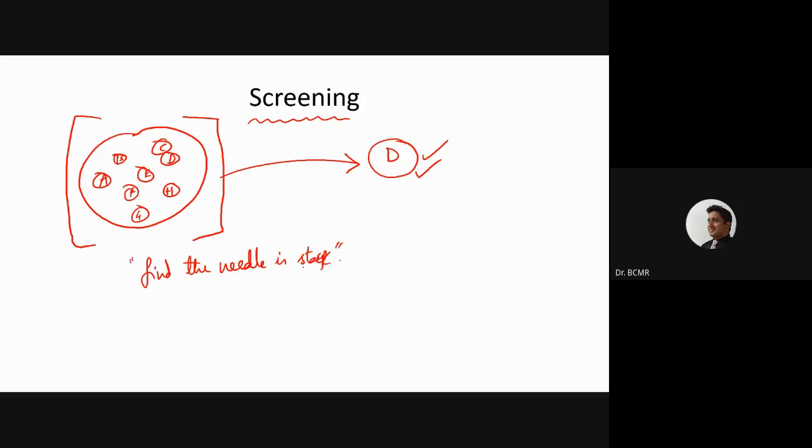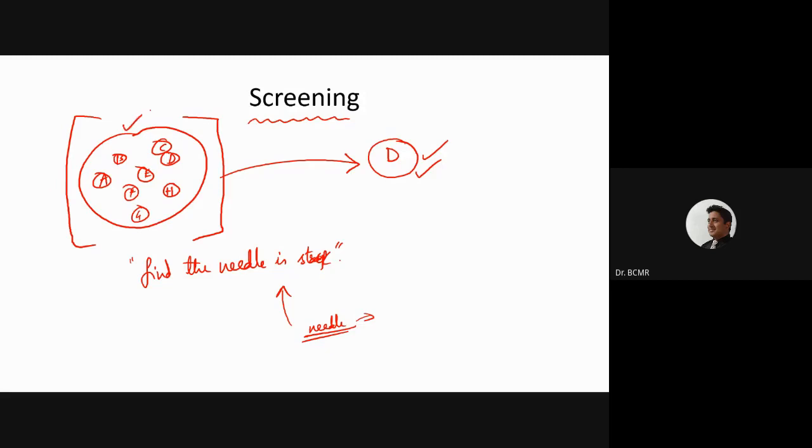If it is a needle in straw, what you do is burn down the straw so that the needle is the only one that doesn't get burnt, and then you take it and use it. I heard it in some movie or some documentary. But screening is about finding what you need from a large group of things.